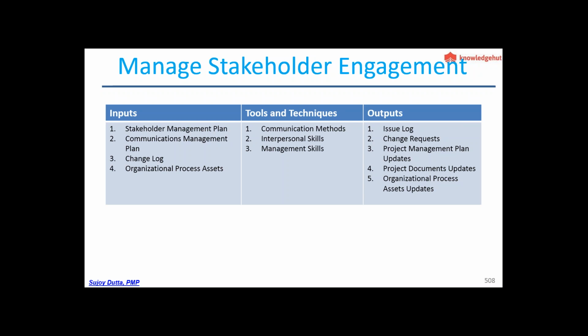Then you also factor in your organizational process assets. Tools include communication methods, the interpersonal skills you need to have, and the management skills you have to apply to manage the stakeholder engagement. The output would be the issue log: whether the issue has been addressed, taken care of, and what the status is, and the change request, if any, to be made to the stakeholder engagement.